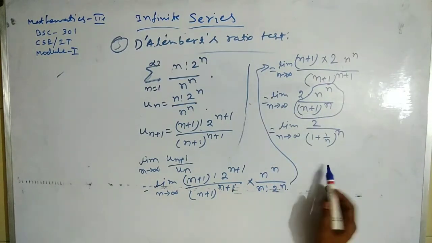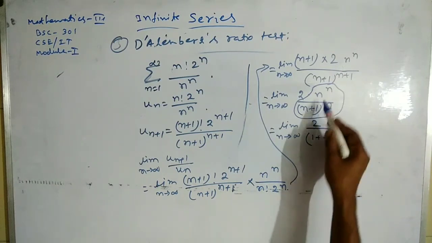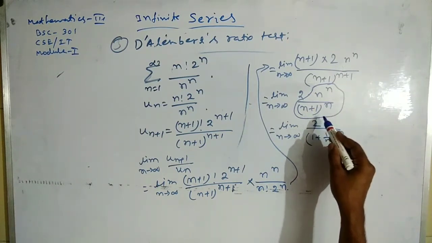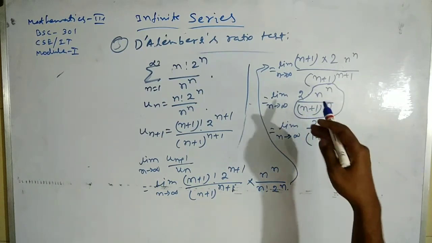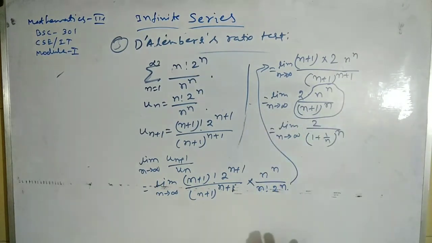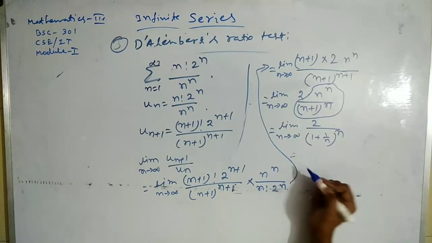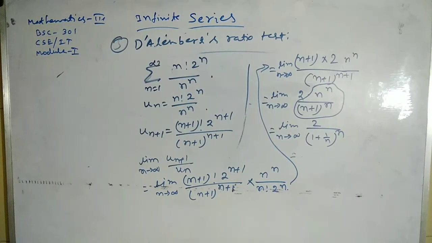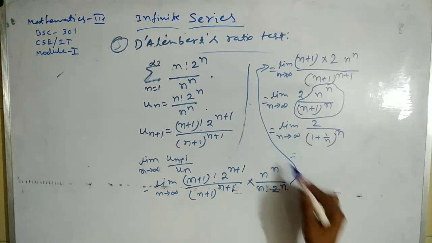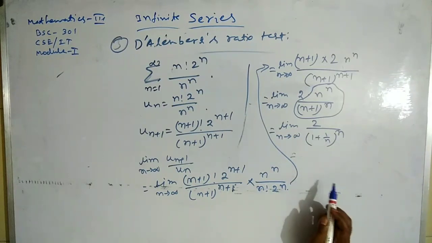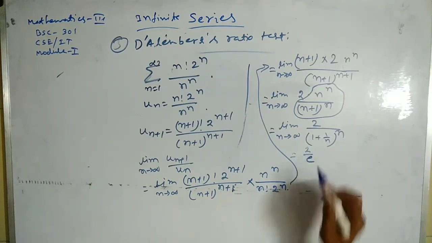You can see that this is n by n plus 1 whole to the power n, and I have written the reciprocal of this. Now as we know, limit n tends to infinity 1 plus 1 by n whole to the power n equals e, so it will be 2 by e.